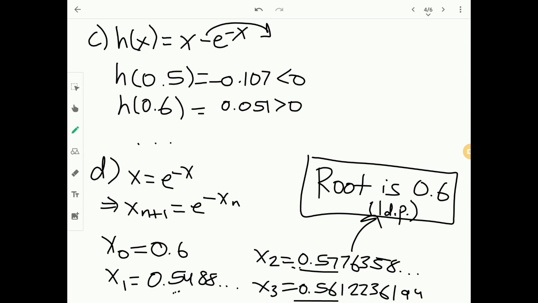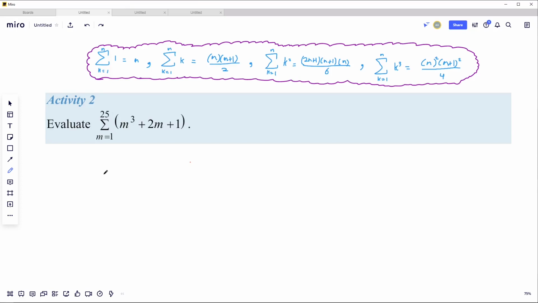So now that we have done all the applications from the book, let's do a summation question. This one's really easy, you could say self-explanatory. They're just testing you if you know how to split the summation, if you know how to split the constants from the variables when you do the summation. So pretty much, let's cut to the chase. Let's just split them.